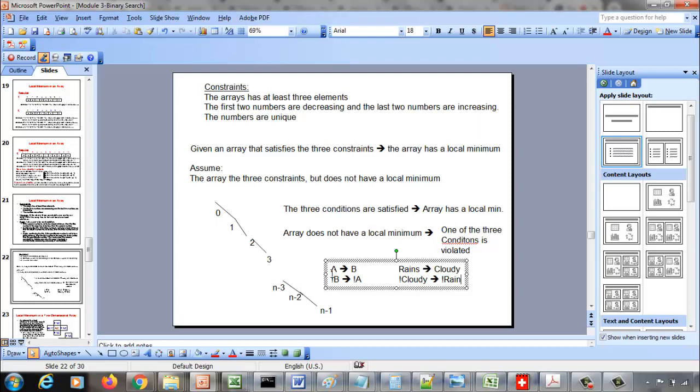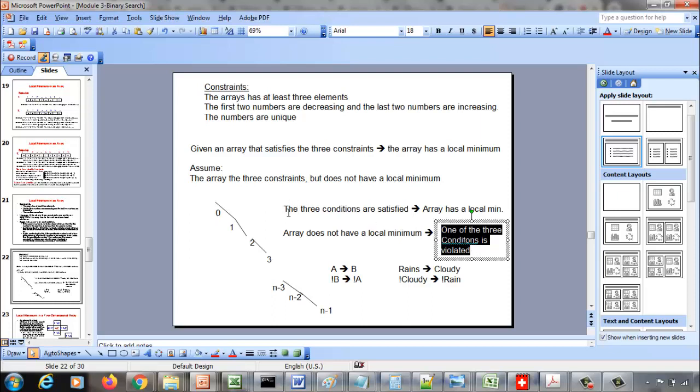So what we proved is not of B: if the array does not have a local minimum, it implies one of the three conditions is violated. So not of B implies not of A. That means one of the three conditions being violated is not of A, so A means all the three conditions are satisfied.